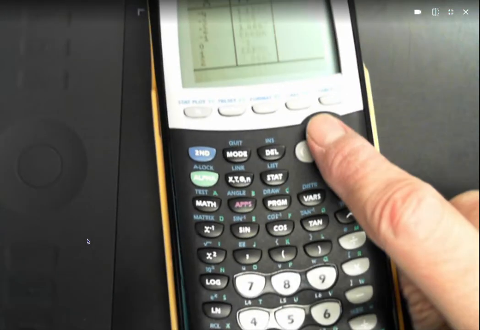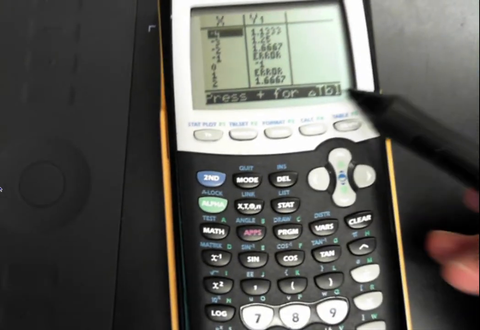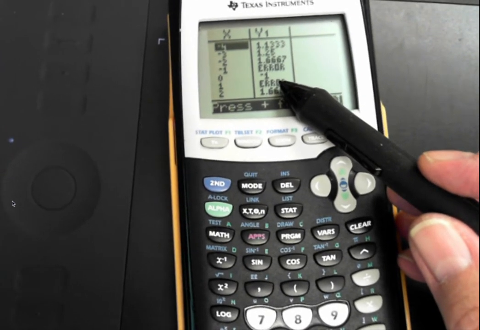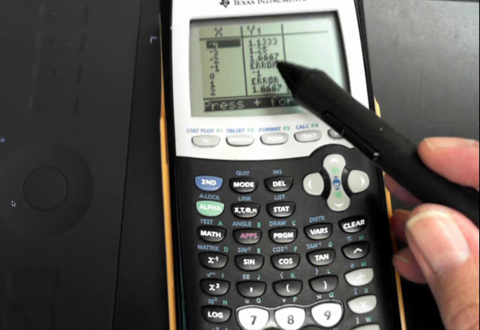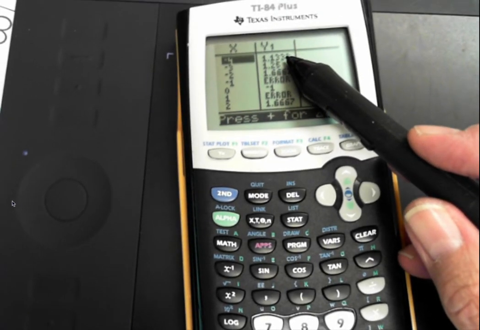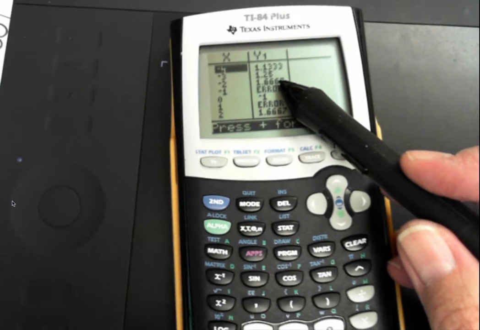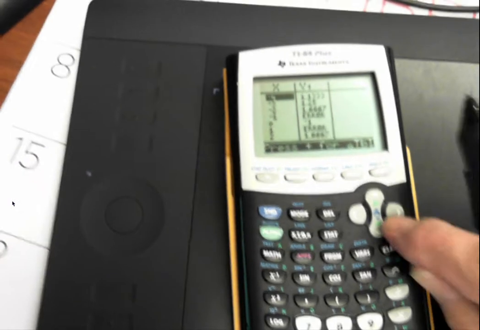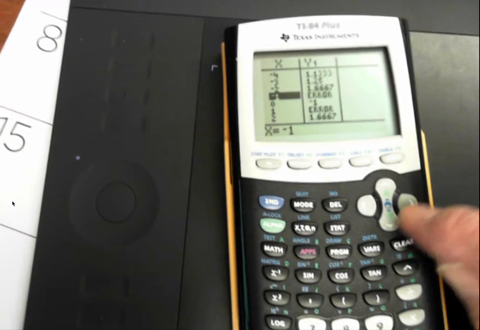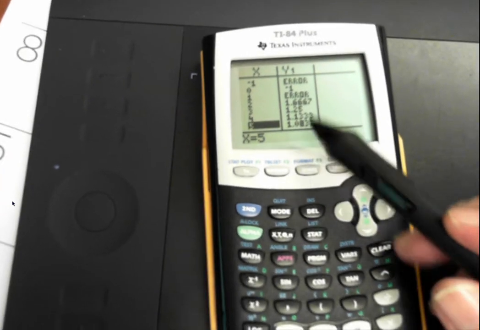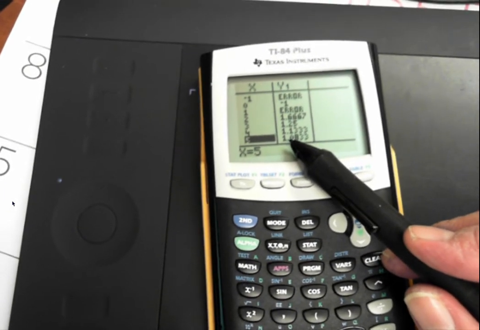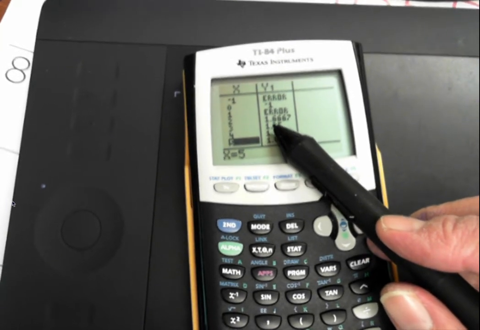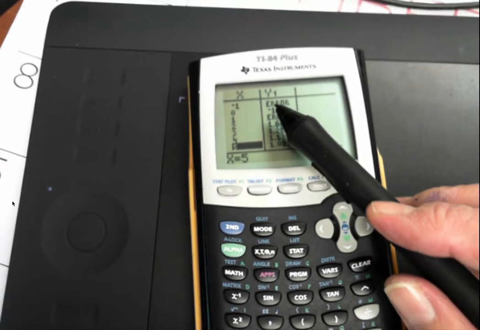If you look at the table, at -1 we have an error, undefined, and at +1 we have an error, undefined. But as you're moving towards -1, the numbers get larger. They go up to infinity. And if I scroll down a little bit, as we're approaching here, do you see how the numbers are going up to infinity here?